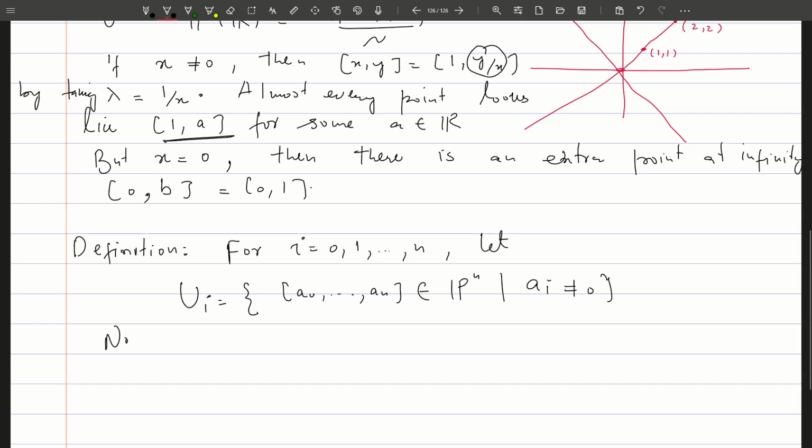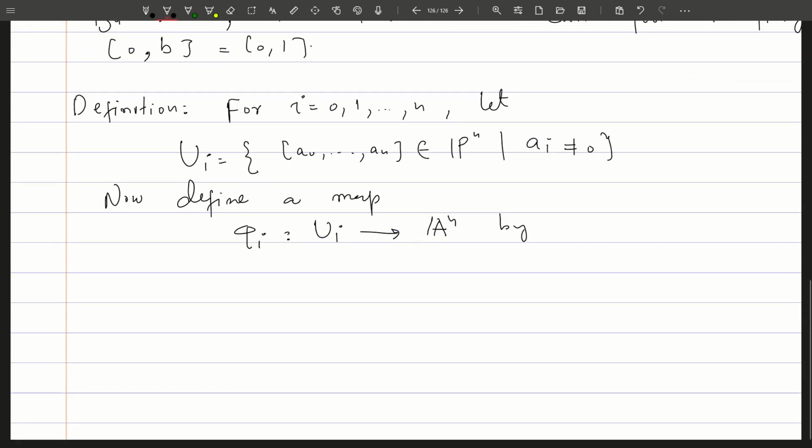Now we can define a map, say phi i, from the set Ui to the affine n space.